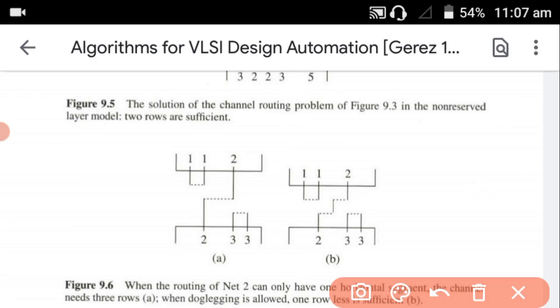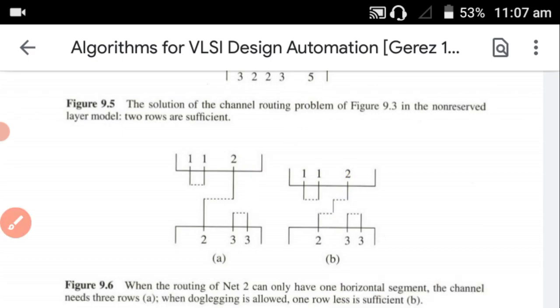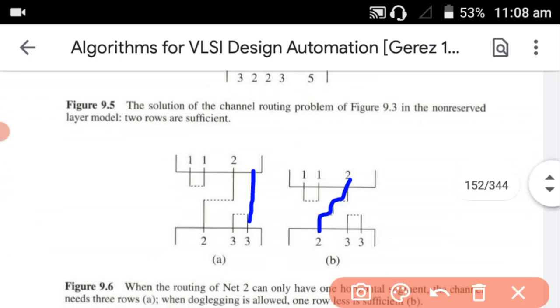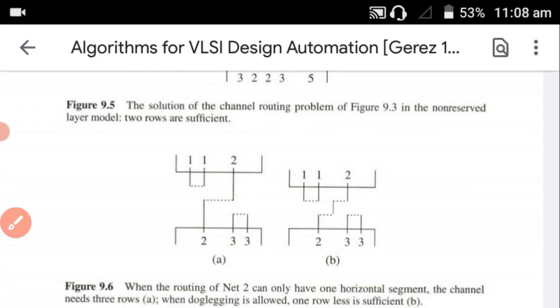Considering the first figure, the length between the two fixed points is 3. While using dog legs for net 2, we are able to reduce the length to 2. This is the dog leg.